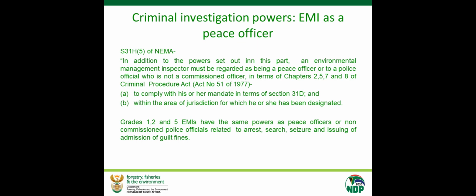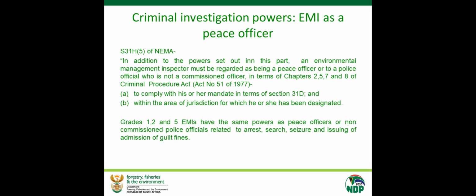As for the powers of EMIs, in terms of Section 31H, subsection 5 of NEMA, the EMIs must be regarded as a peace officer or a police official who is not a commissioned officer, in order to comply with their mandate in terms of Section 31T. We have different grades with different powers. We have 5 grades of EMIs: grade 1, grade 2, grade 3, grade 4, grade 5.